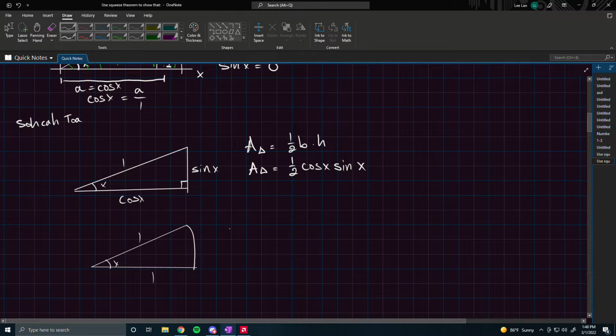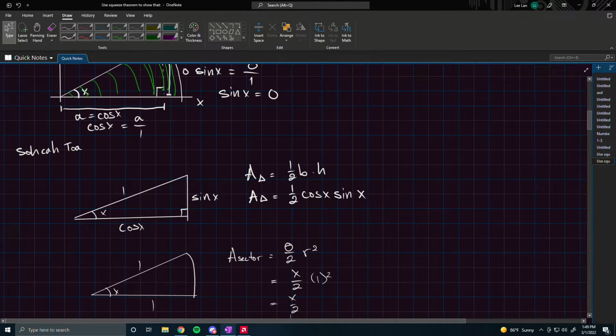And it turns out the area of a sector is equal to theta over 2 times r squared, where theta is our angle. So our angle is just x, over 2, and our radius is just 1, so that's 1 squared. So it's just x over 2.